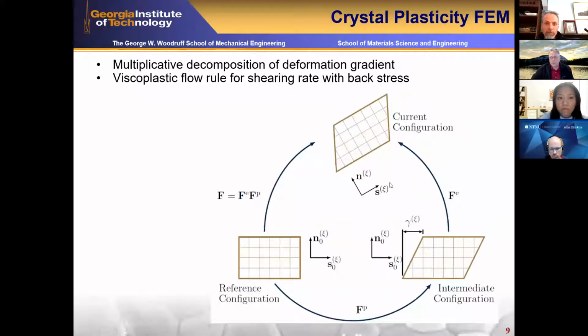We use crystal plasticity finite element method in our work that involves the classical multiplicative decomposition of the deformation gradient into elastic and plastic parts. This is shown here, F equals FE FP.